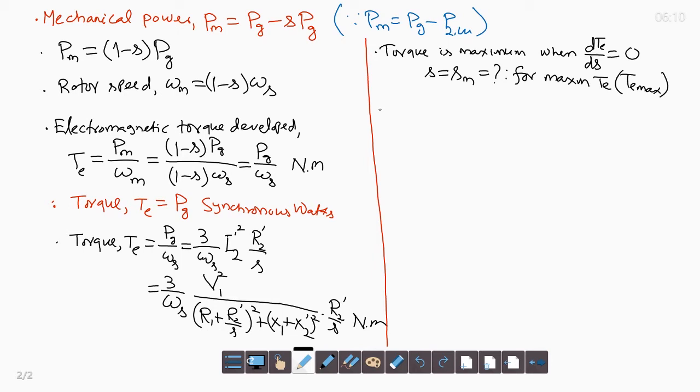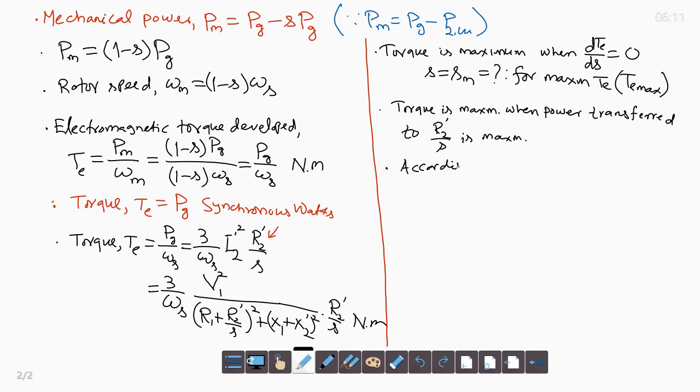Torque is represented by power in the resistance R 2 dash by s. So, torque is maximum when power transferred to the resistance R 2 dash by s is maximum.